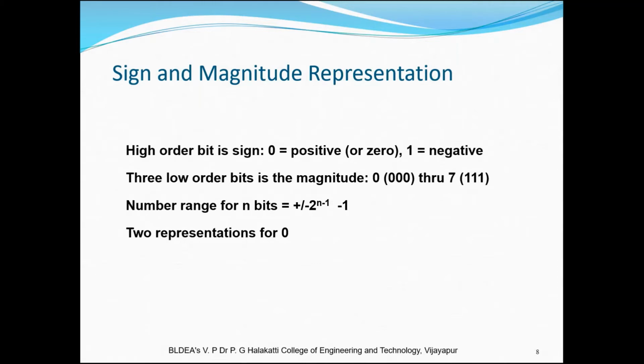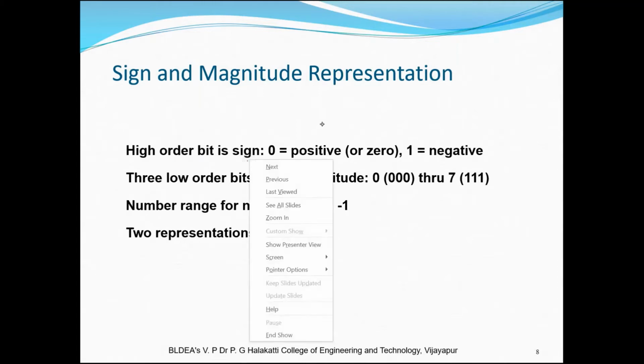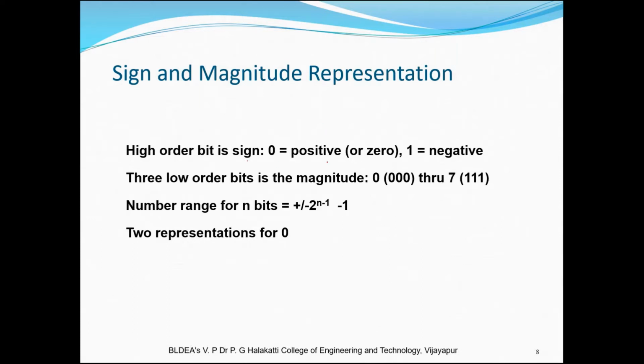In sign and magnitude representation, the high order bit is the sign bit. That is, 0 is used for representing a positive value, whereas 1 is used for representing a negative value.